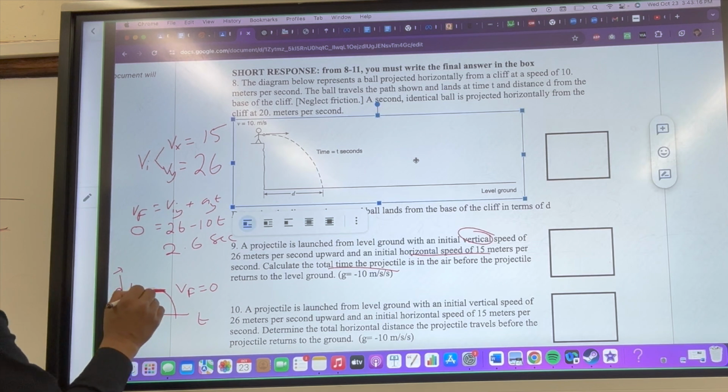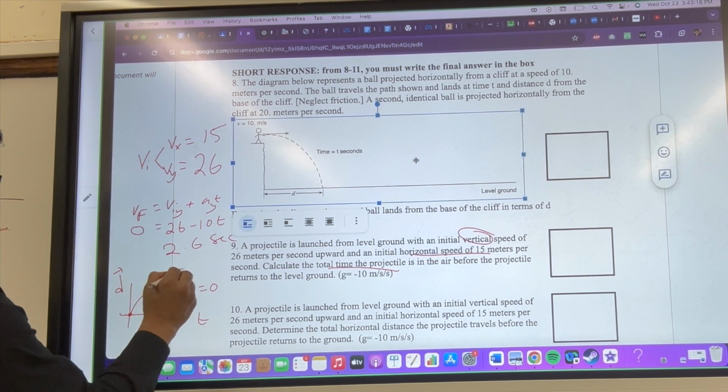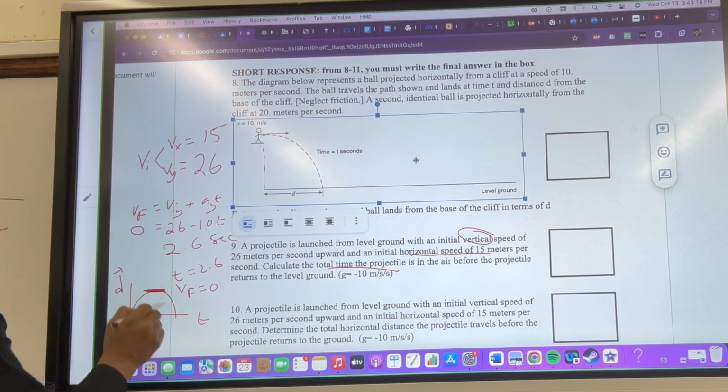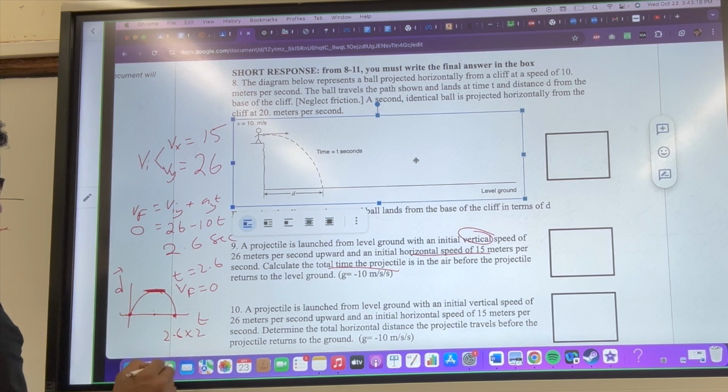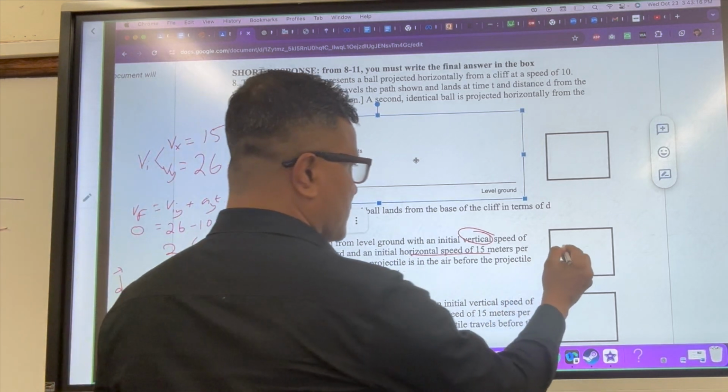Why is that? Because at the max height, the velocity final is 0. So if this one takes 2.6, this one takes what? 2.6 times 2, which is 5.2.